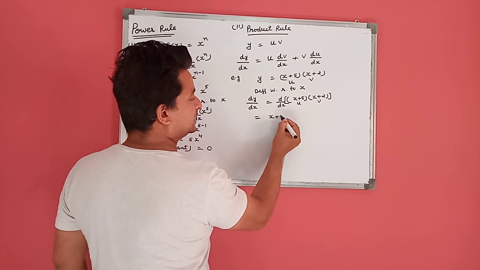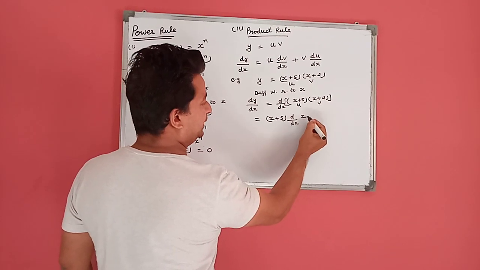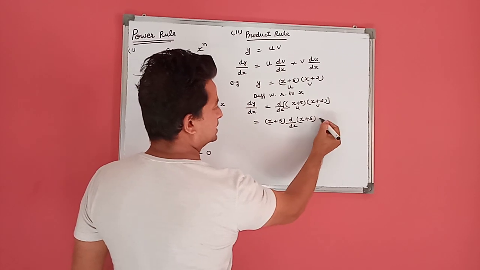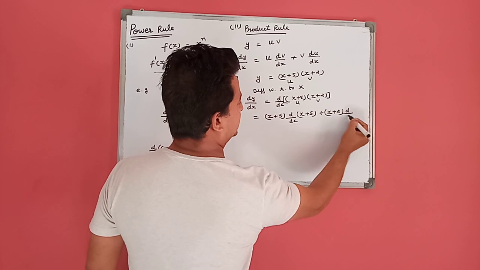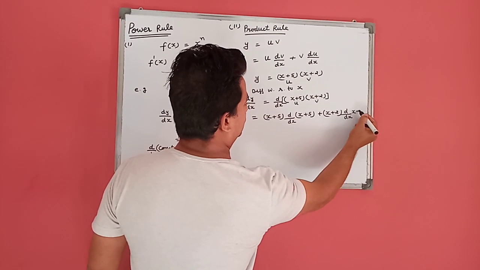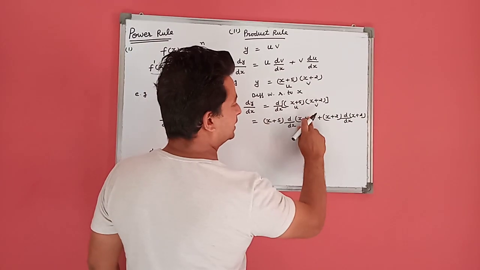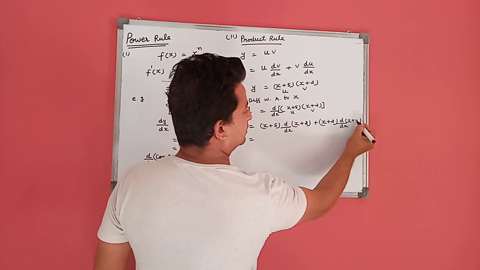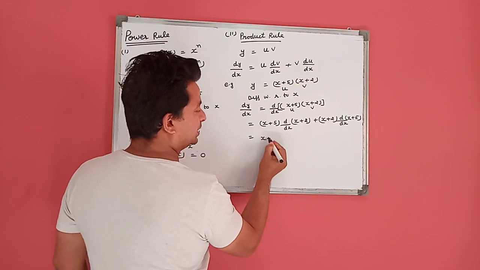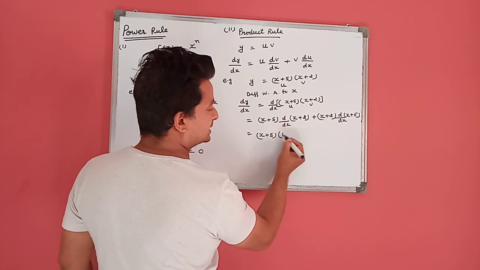u as it is times the differentiation of v, plus v as it is times the differentiation of u. That is (x + 5) times the derivative of (x + 2), plus (x + 2) times the derivative of (x + 5). So this becomes (x + 5) times the differentiation of x, which is 1.